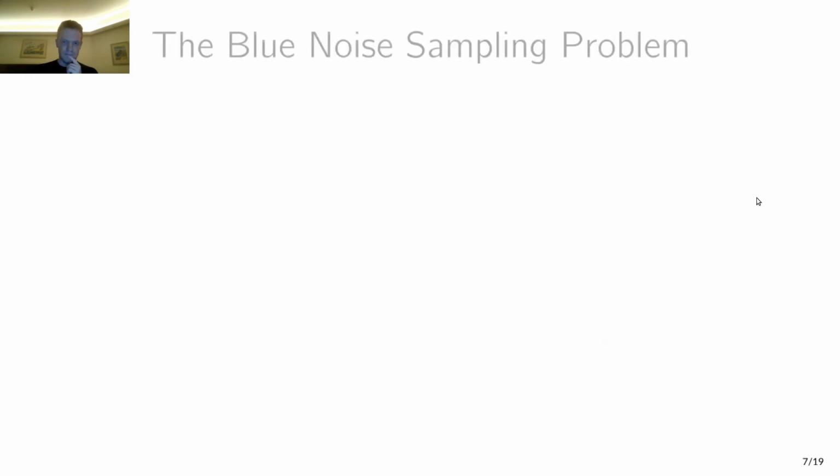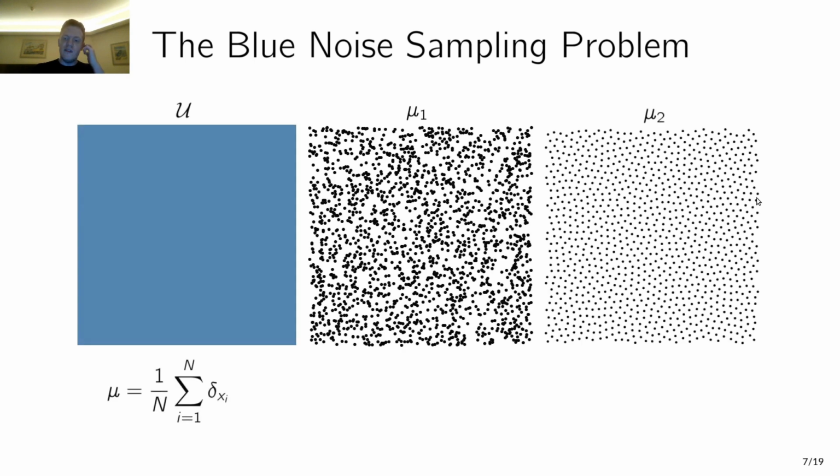Okay. And so, optimal transport sounds great, but how do you make a link with the blue noise sampling problem? Okay, so if you look at those two point clouds, even though they both have the same probability to be drawn from the uniform distribution, of course we prefer this one, because this is typically what we would call a blue noise point cloud, right?